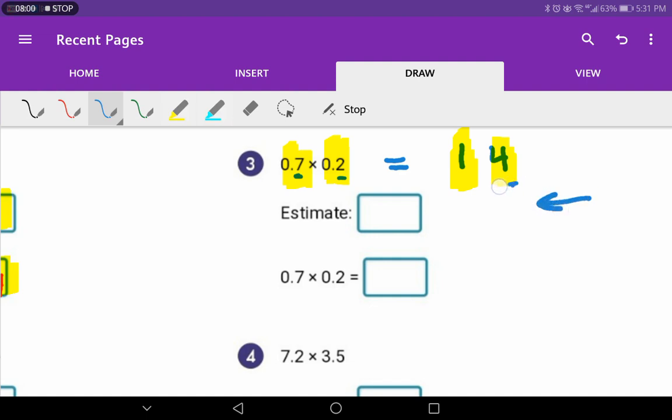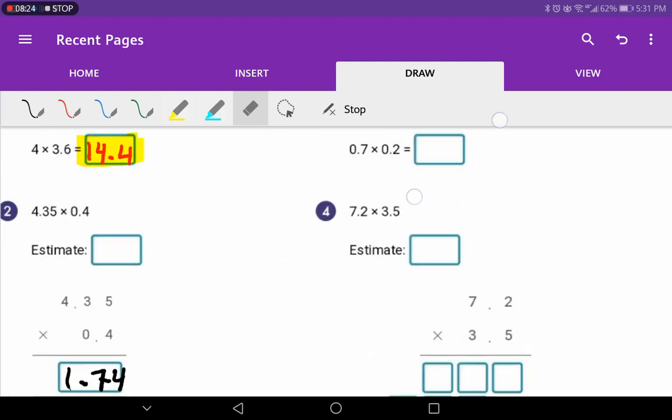Remember, 1, 2, then I write the decimal point. So it is 0.14, or you can say 0.14. Okay, so this is our strategy to multiply any decimal number, my dear student.